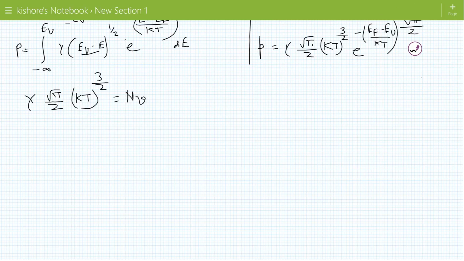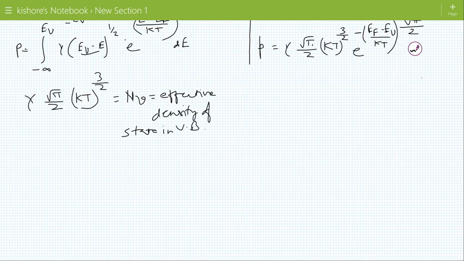NV is again effective density of states in valence band. So the expression for P, concentration of holes in valence band, is NV e to the power minus (EF minus EV) by kT.